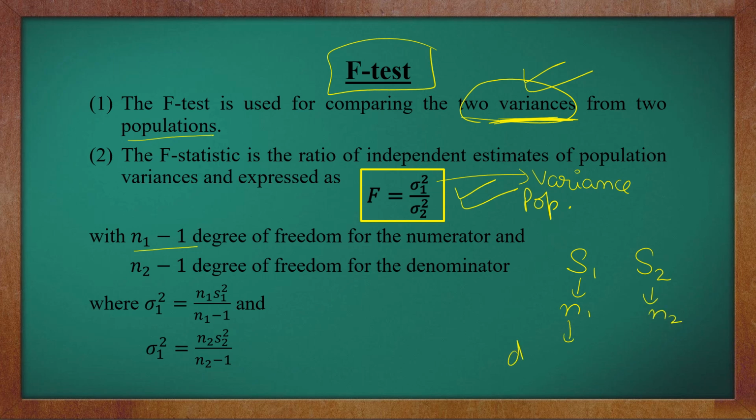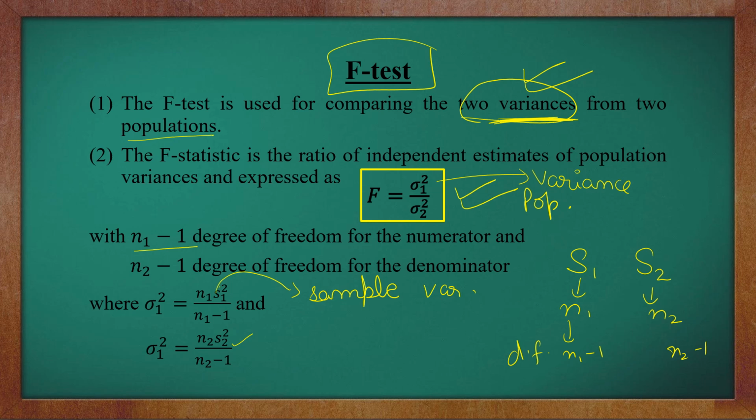So the degrees of freedom are n1 minus 1, n2 minus 1. And the sigma 1 square formula is n1 s1 square upon n1 minus 1. What is s1 square? I discussed in my first video, it's the sample variance. And this one is also a sample variance for the second population.